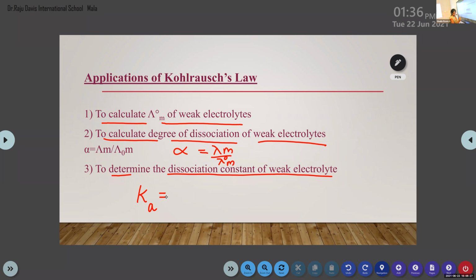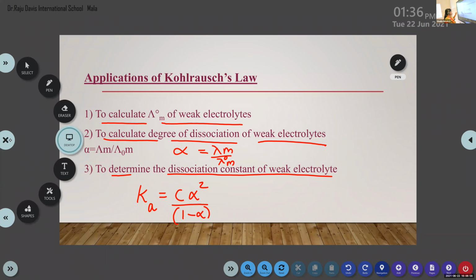Ka is equal to C alpha square divided by 1 minus alpha. This is the equation to find out the dissociation constant. C stands for concentration, then alpha is the degree of dissociation. So this is the equation to calculate the dissociation constant of weak electrolyte.